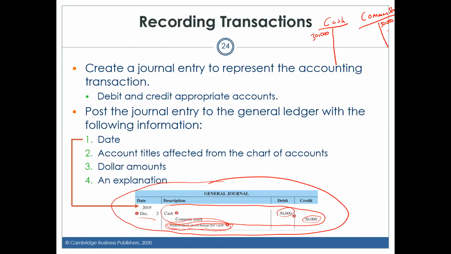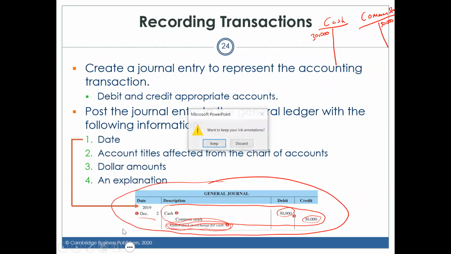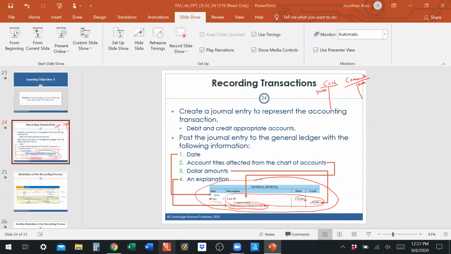All right, I'm going to stop. How do I stop this presentation for just a second? And I'm going to give you guys an acronym that you can use to help you memorize which accounts have normal debit balances and which accounts have normal credit balances.